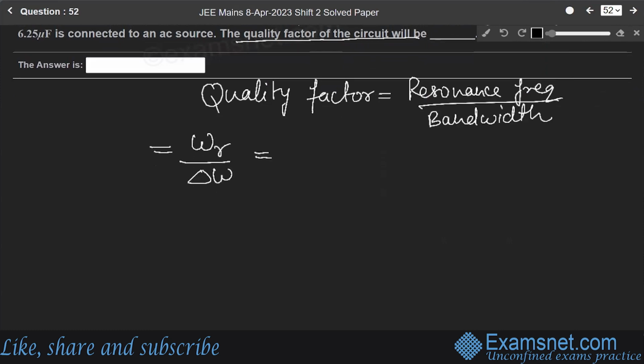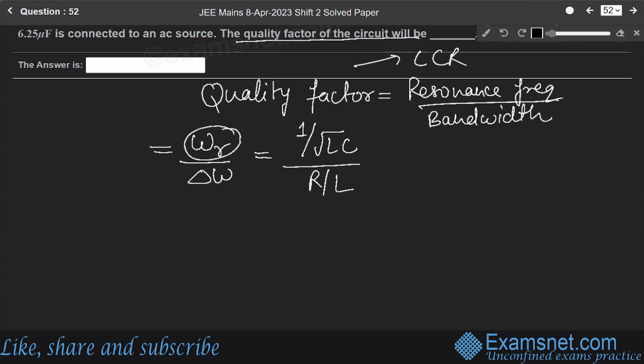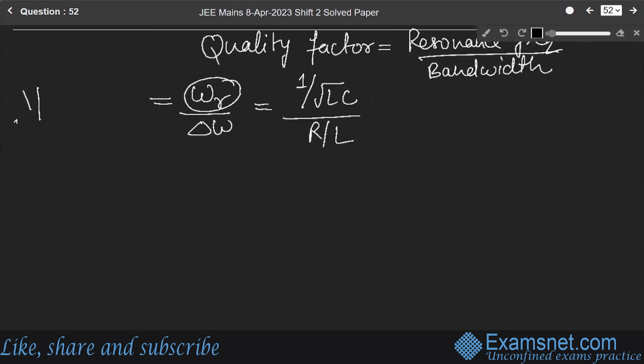The omega r equals 1 over under root of LC. It is from the LCR series circuit chapter, or the capacitance chapter, sorry. Omega r is the resonance frequency, equal to 1 over under root of LC, and del omega is the bandwidth, which equals R by L.